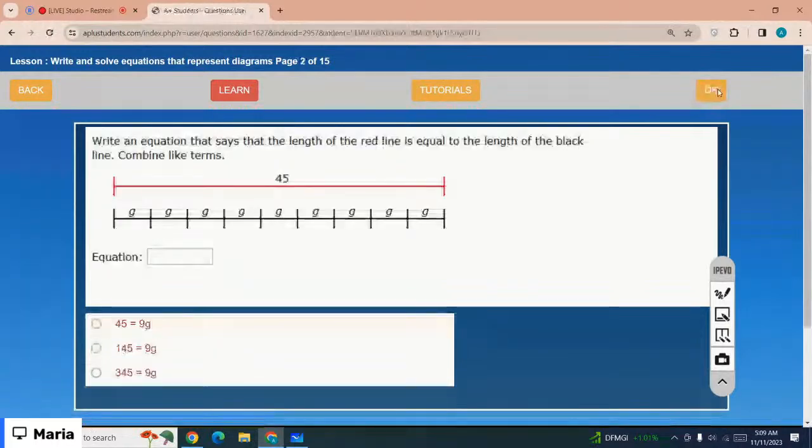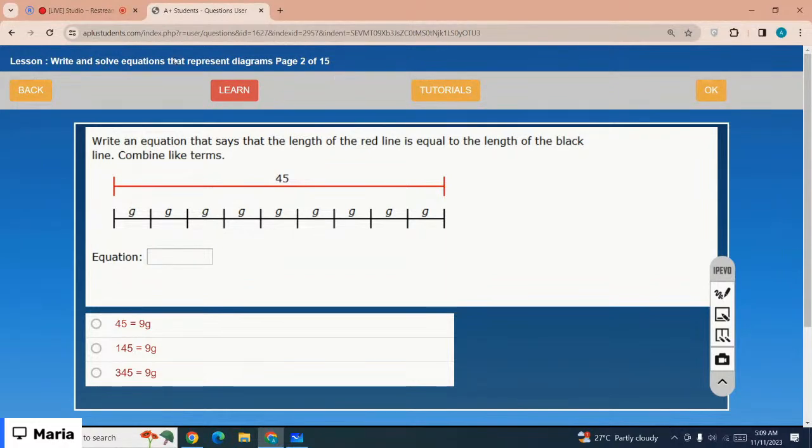The next one is write an equation that says that the length of the red line is equal to the length of the black line. Combine the like terms. The black line has so many segments.